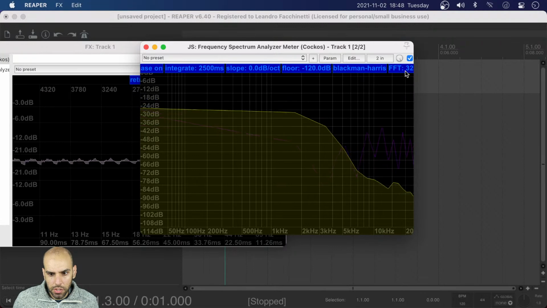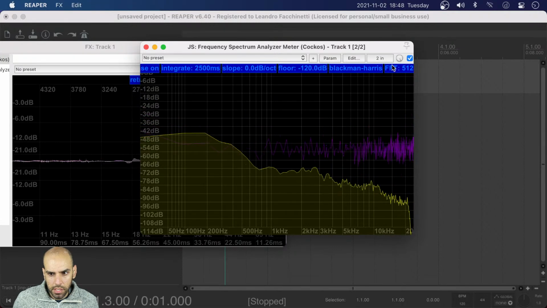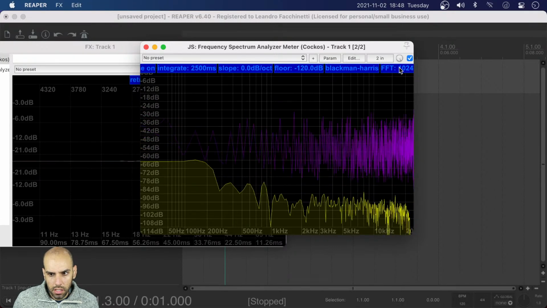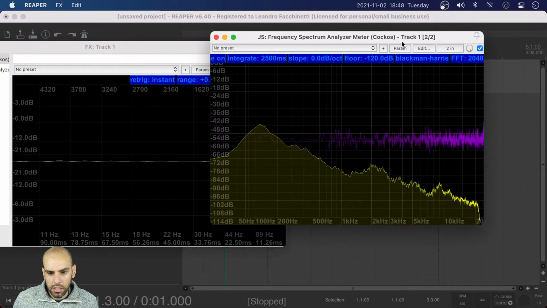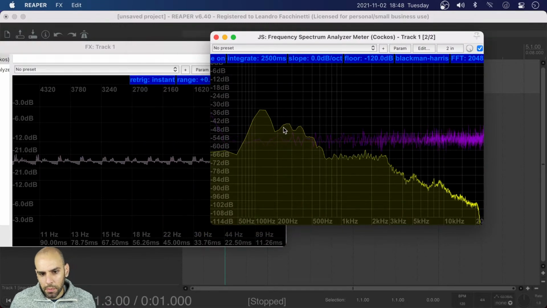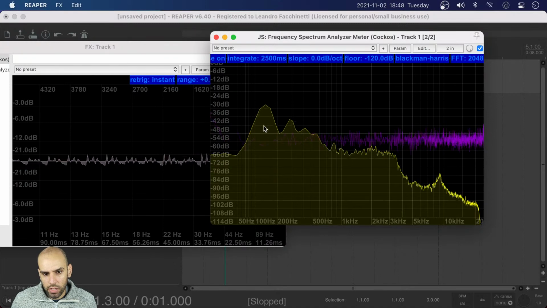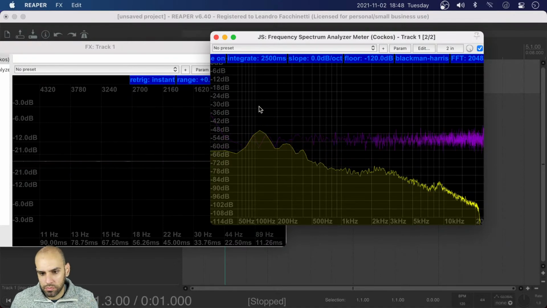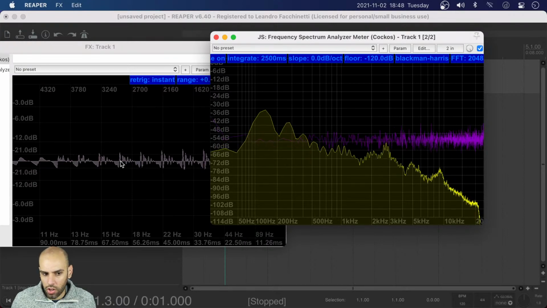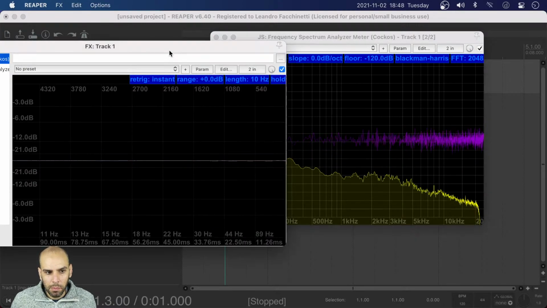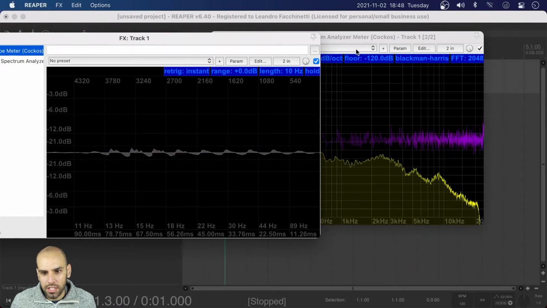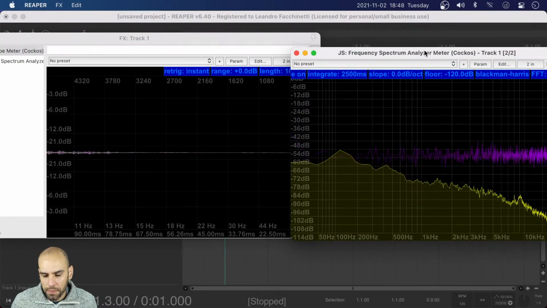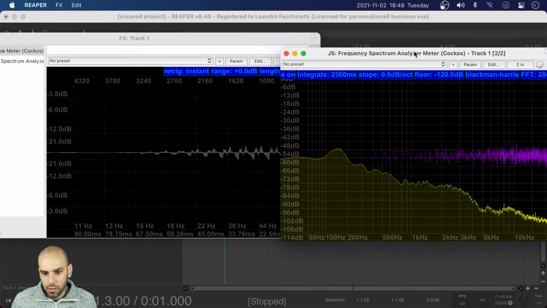Maybe not so much, maybe something like that. Maybe this is a better representation. So you can see that the energy of my voice is around 100 Hertz. And this kind of visualization helps you understand that, while this is not easy to parse. You cannot just look at this wave and say that it is at 100 Hertz. Right, okay.